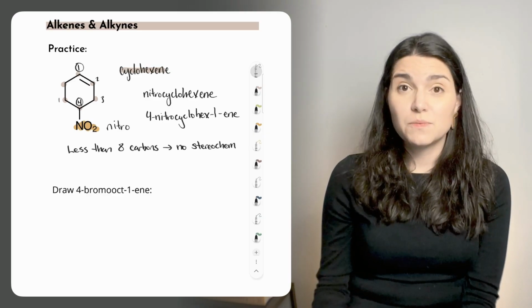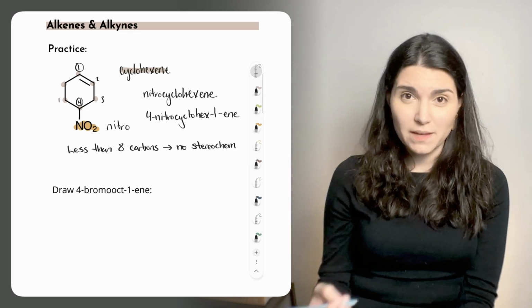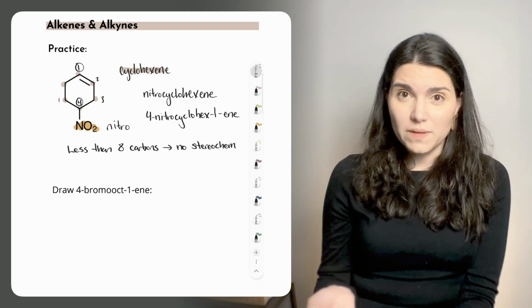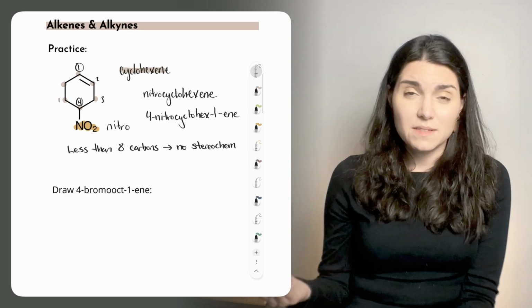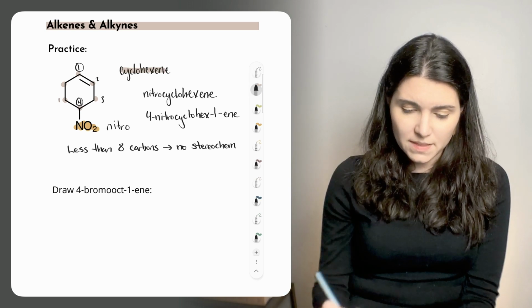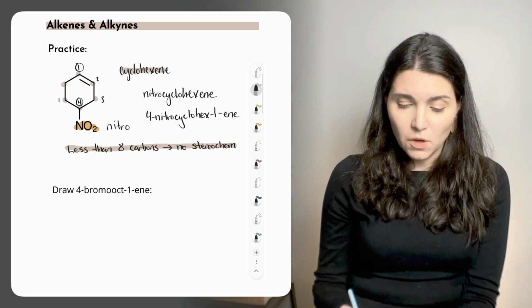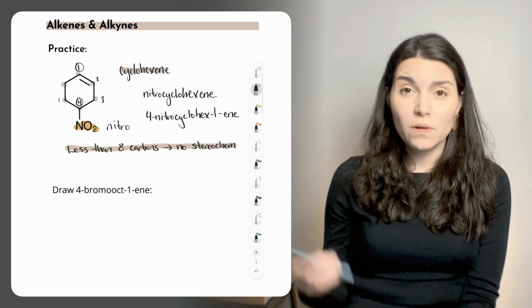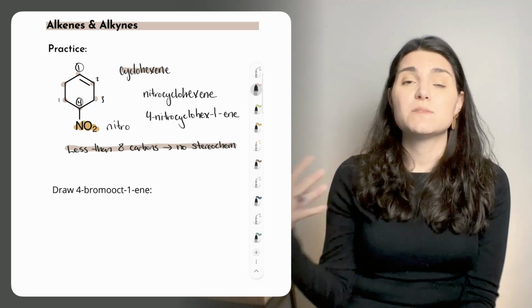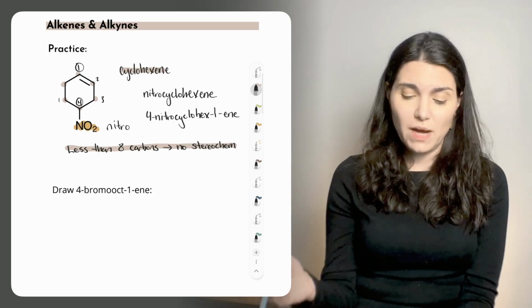And that's because the ring is too small to ever have a trans double bond. And so they're always going to be cis, and we can just leave it out. So less than 8 carbons, no stereochemistry. More than 8 carbons in a ring, you do have to specify E or Z or cis or trans.